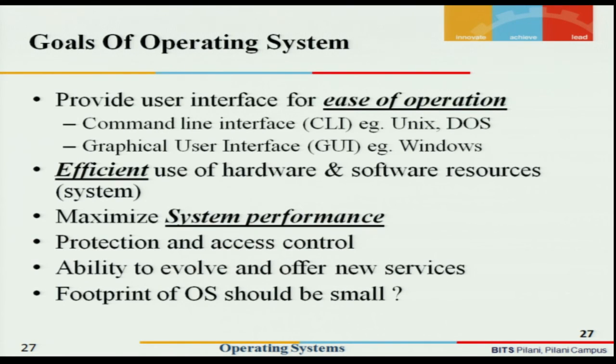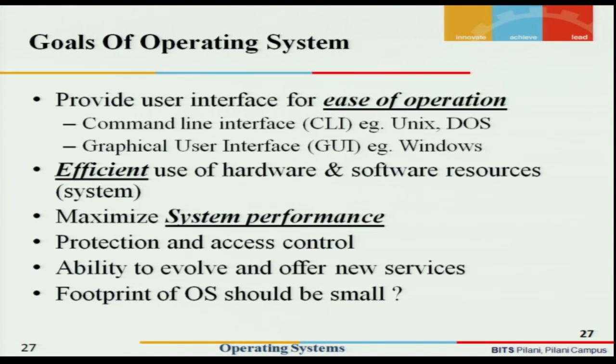Then the next goal is efficient use of hardware and software resources. A very important aspect is to maximize the system performance. We would need to understand how we say that a system is performing well, and what the performance measuring metrics are. We'll try to see them in coming sessions.